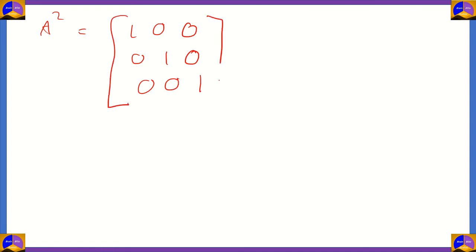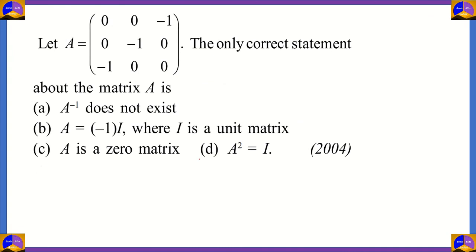And this matrix is what we call an identity matrix. So A square is indeed equal to I in this question. So option D, A square equals I, is the correct option. The other statements are not correct, because for the matrix A, the determinant is not equal to 0, and it's completely different from the other options B and C given.